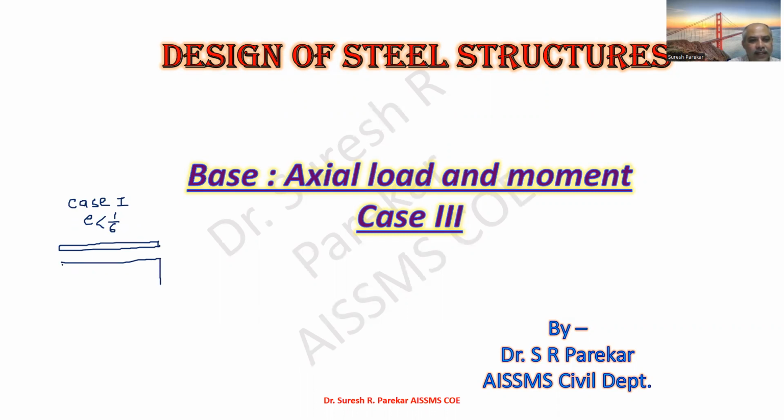So this is case 1, in which the whole base is under compression. If we have a column over here, then we have to find the bending moment at this critical section by considering this part, and then find the thickness corresponding to this bending moment.